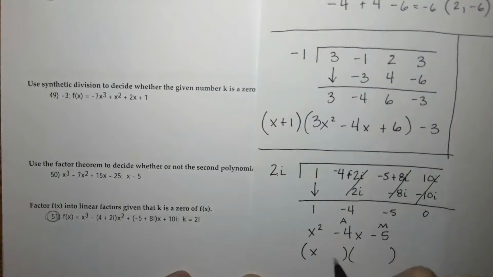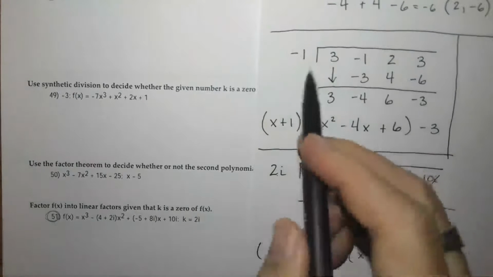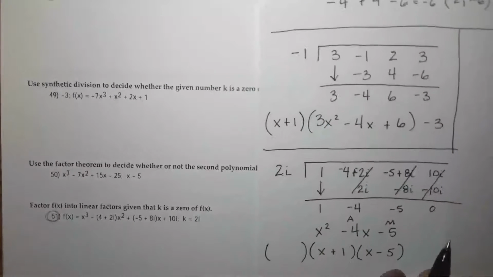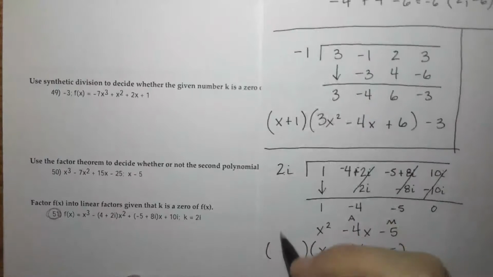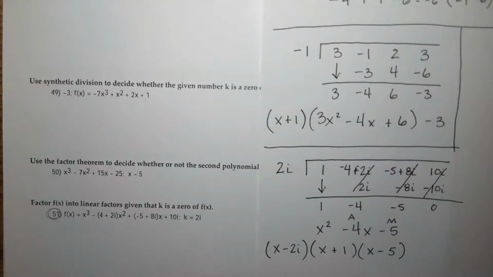This is x plus 1, x minus 5. And then with this one, remember, just like we had in this one, we said it was the opposite. So it's going to be x minus 2i on this one. So that's our final answer on that one.